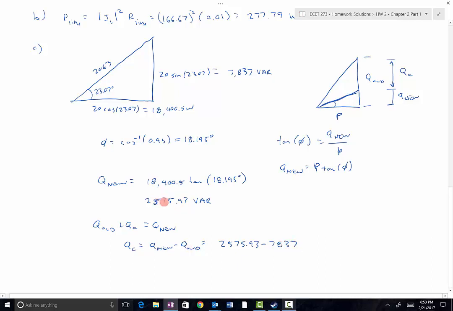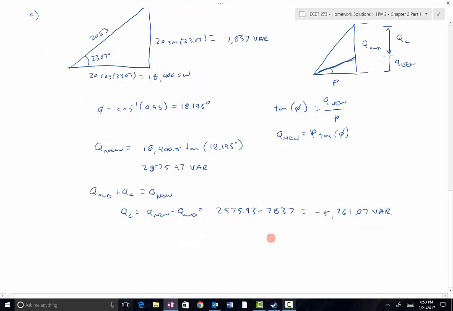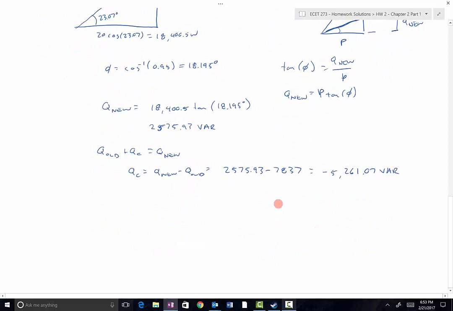That's this value here minus this value here. And that gives me negative 5,261.07 VAR. So that's good. I got a negative sign on it. That means it is capacitive, which we know needs to be the case for power factor correction. So that's good. So that's the amount of QC we need.